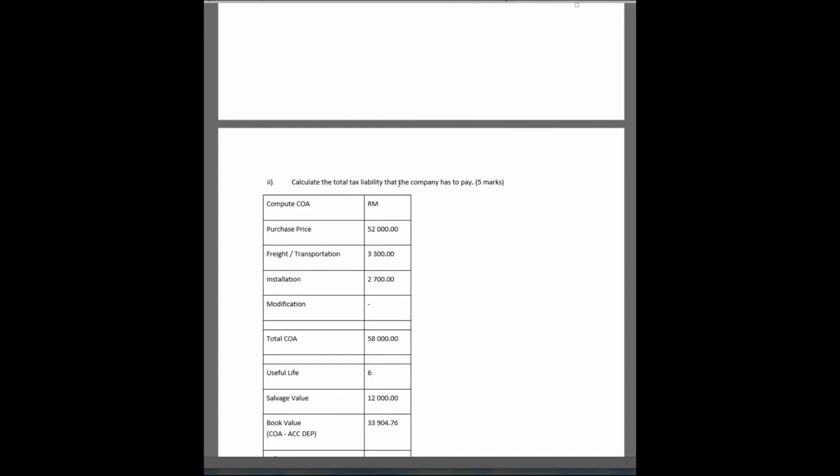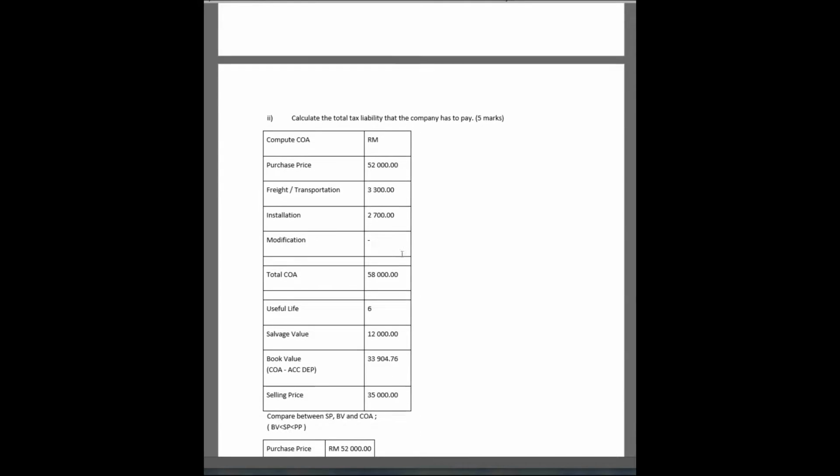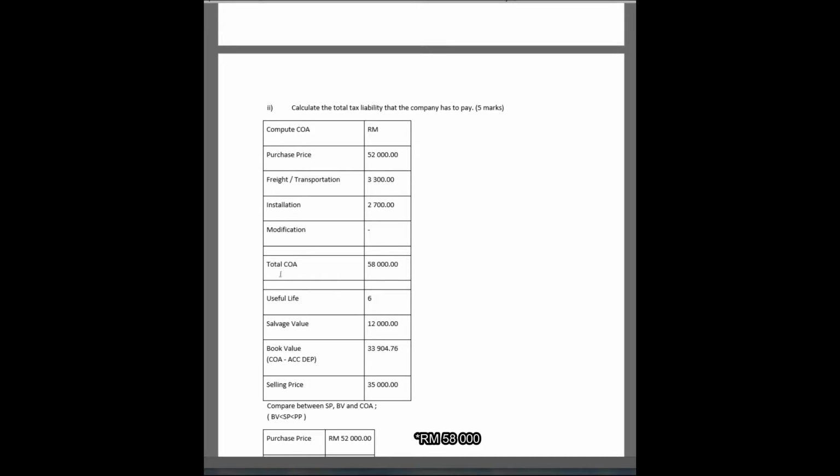Calculate the total tax liability that the company has to pay. The purchase price is 42,000 ringgit. Transportation is 3,300 ringgit. Installation 2,700 ringgit. Modification none, and total COA is 48,000 ringgit.